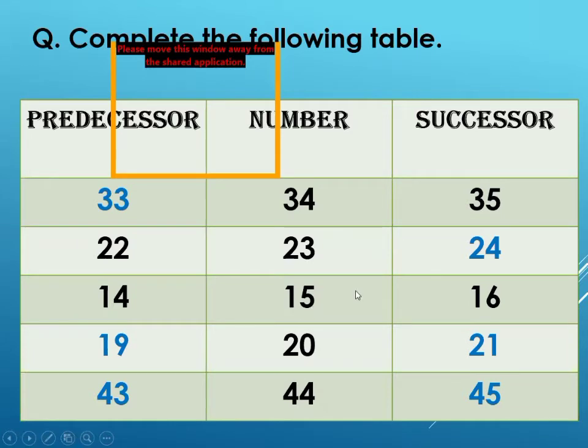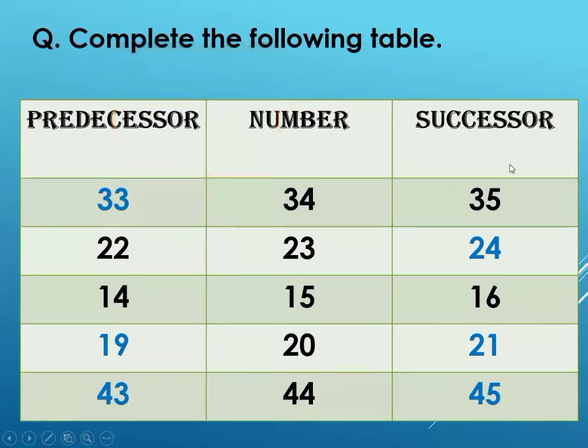To find the successor number, we add 1 to 15. 15 plus 1 is equal to 16. So we write 16 in the successor column. So the predecessor of 15 is 14 and the successor of 15 is 16.